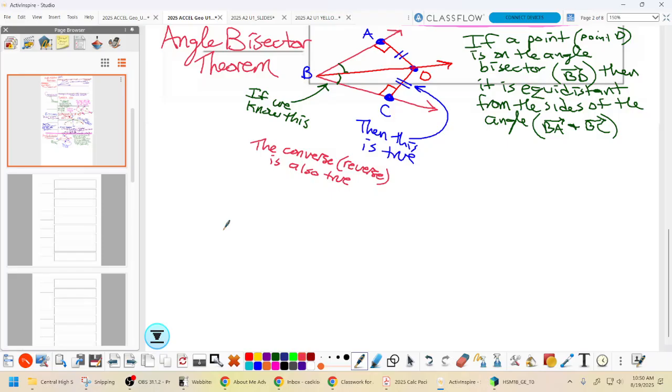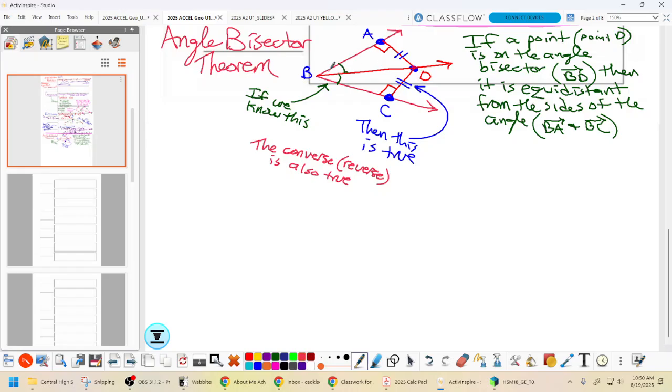In other words, if you know the blue, then the red, then the green is true. So on these notes, I want to make sure that you know what you have to see in order to use the theorem. Just because you see this diamond, arrowhead shape doesn't mean it's an angle bisector unless the conditions are met to use it. So we have to know one of these.